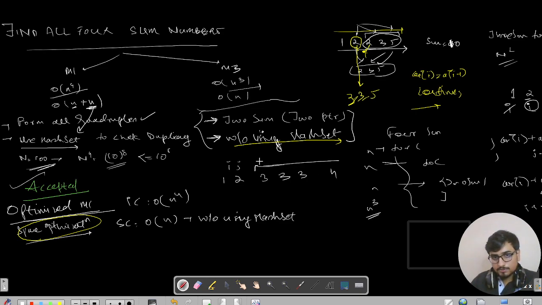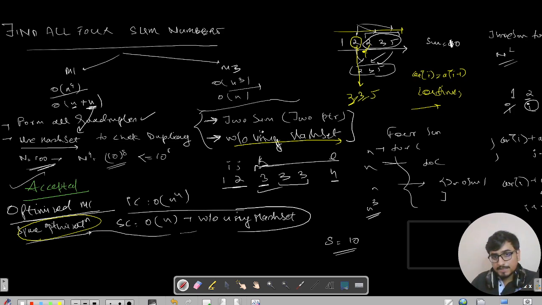If I say this would be k and this would be l, and we need to make the sum 10, then this two sum will see 3 plus 4 is 7, and then this 3 would make 10, right? So I do not want to run the iterations again for the same element in this two sum as well, right? So I need to mention that space optimization technique in this two sum as well.